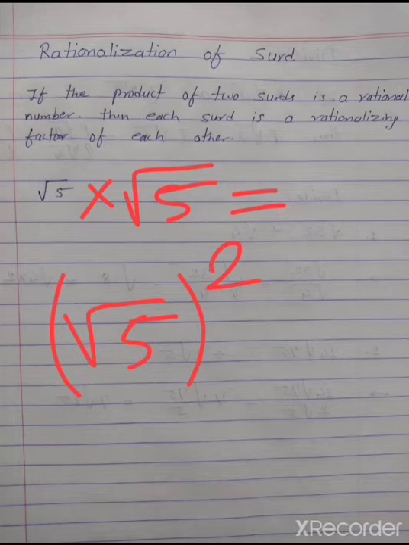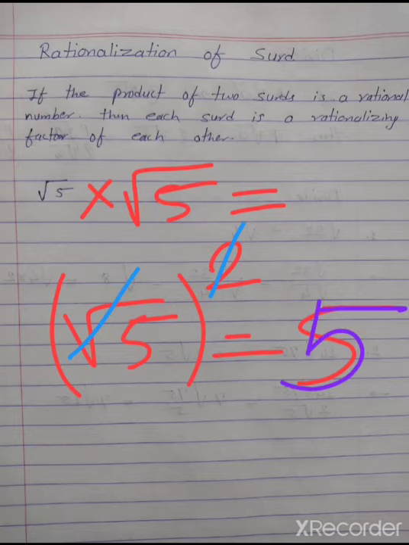So you can eliminate the square and the square root symbol, and you will get the answer 5. This 5 is nothing but a rational number. So in this given question, we select one more root 5, so both are rationalizing factors of each other.